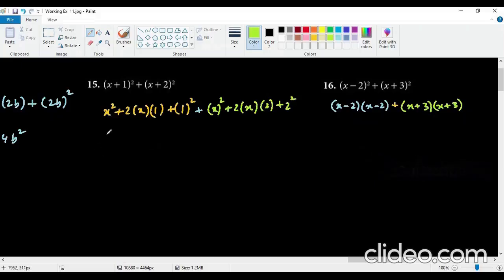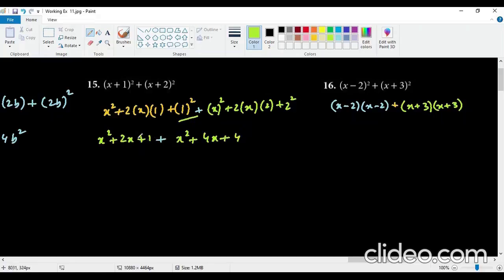So the final answer is going to be x square plus 2x plus 1, and then comes this plus. This plus comes here. I should use the same pen to differentiate, and then this is going to give me x square plus 4x plus 4.